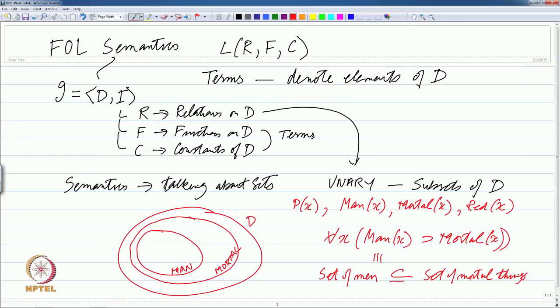Nowadays in ontology, when you talk about a domain, then you say that the topmost level is thing essentially, everything is a thing. So, this is the first thing you must understand in terms of semantics of this first order language, that we are talking about sets and unary relations are denoting subsets of the domain, and logical connectives basically talk about connections between these different sets essentially. So, they are relating two sets, man x and mortal x and so on.